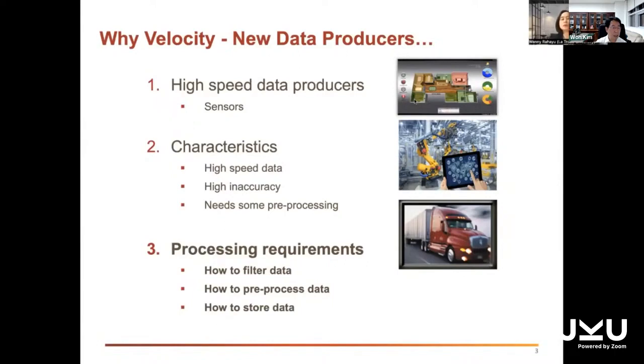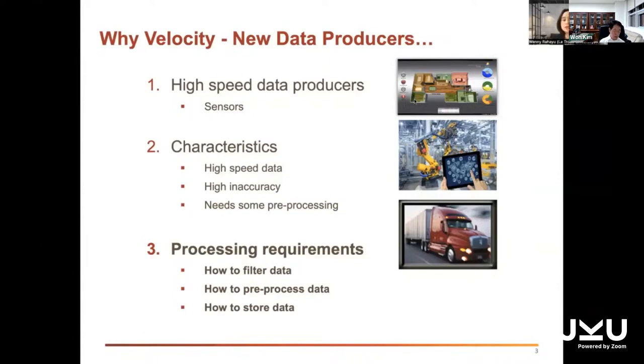So they are not input by a human being. These are normally sensor data that are broadcasted to the air all the time in real time. And these are normally high-speed data. It's very high in inaccuracy because it's transferred through the internet, and therefore it needs a lot of pre-processing.